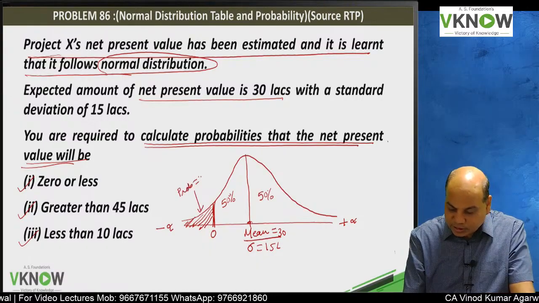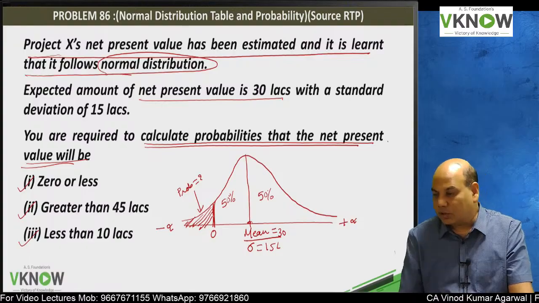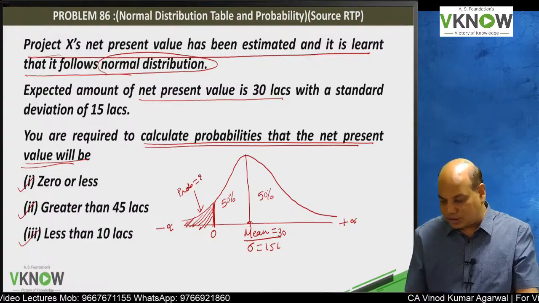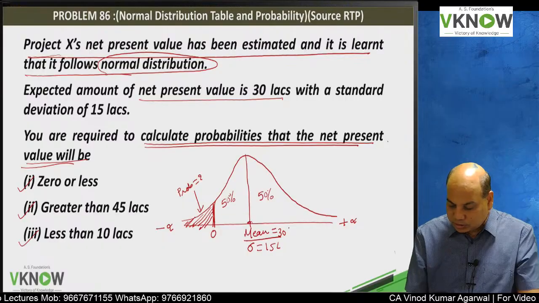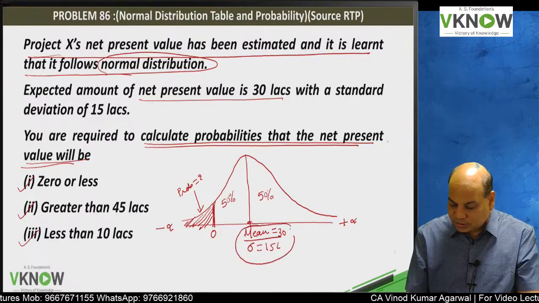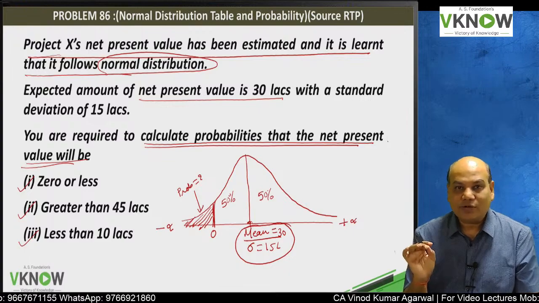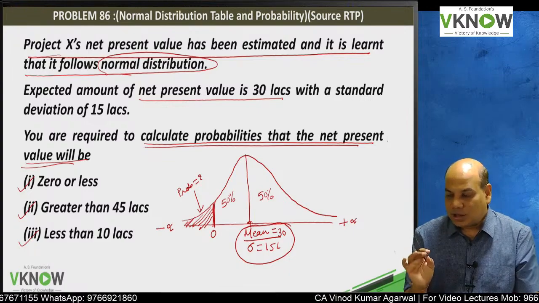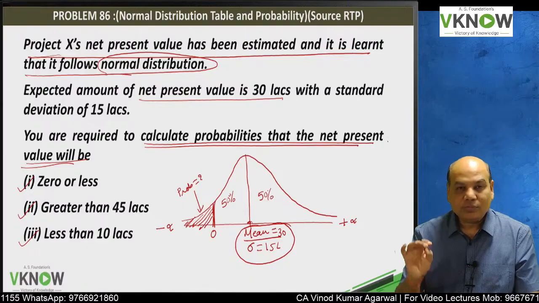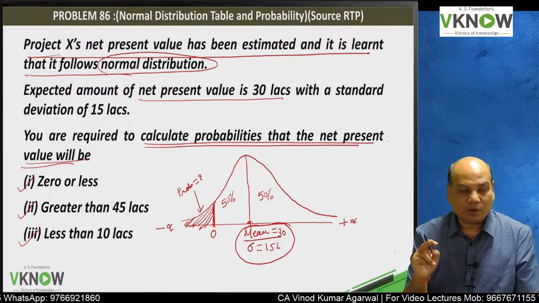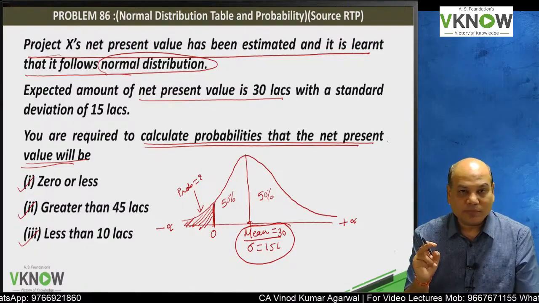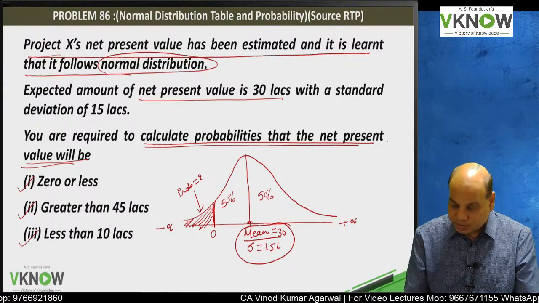The probability of this area is your answer. But how do I get the probability of this area? This data will first be converted into a standardized format called the Z value. After getting the Z value, we look into the normal distribution table and find the probability.